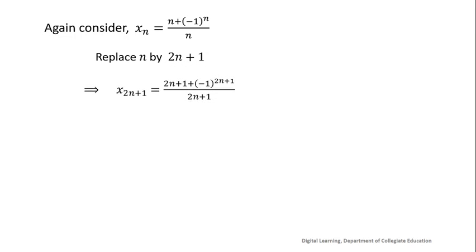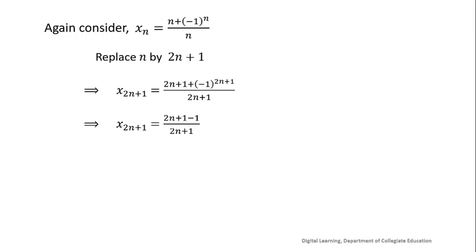Again consider xn equals (n plus (minus 1) power n) by n. Here replace n by 2n plus 1. That is x 2n plus 1 equals (2n plus 1 plus (minus 1) power (2n plus 1)) by (2n plus 1).